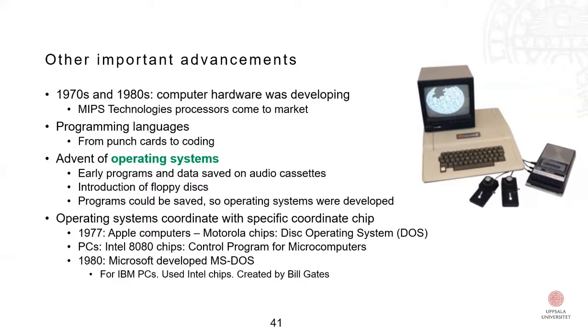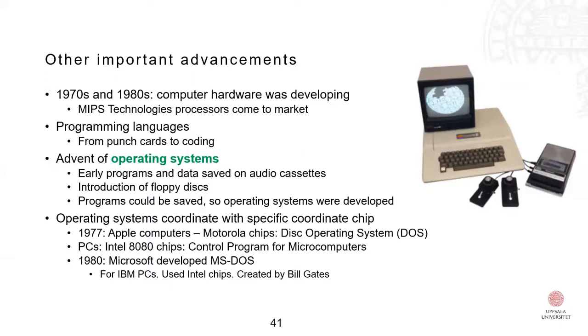The early programs and data were saved on audio cassettes, interestingly, as you see here. And then floppy disks were introduced. Because of these advancements, programs could be saved on floppy disks or audio cassettes. So operating systems were developed, because when you write the program for an operating system, you want to always have it.